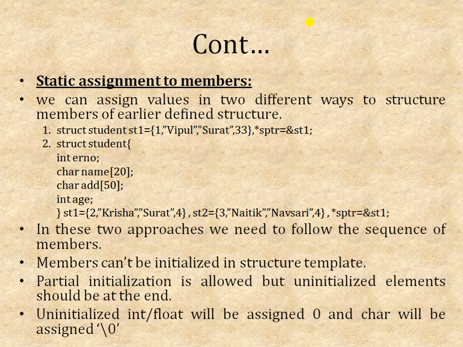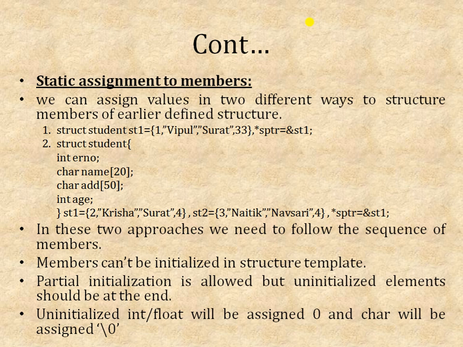While creating a structure variable like this, we need to take care of the sequence of structure members defined in the body of structure. Over here, I have created a structure pointer which holds the address of structure variable st1.